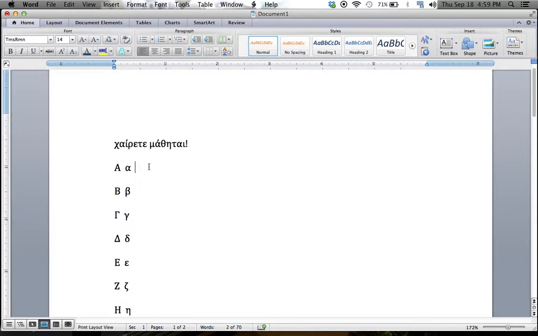So let's go through here, and I'll write it out in English and then also the Greek spelling of each word so we can actually see the alphabet in practice. All right, so here we go. Alpha would be phonetically spelled like this, probably. Alpha. And in Greek it would be alpha, lambda, phi, alpha.